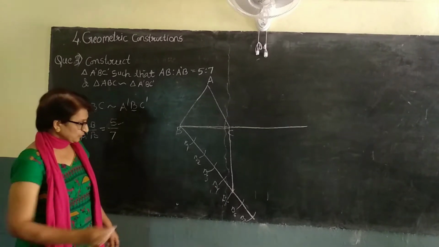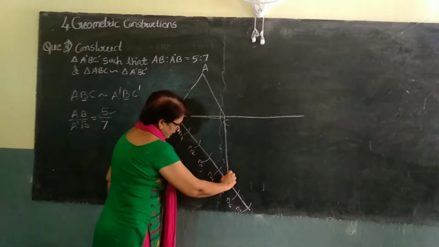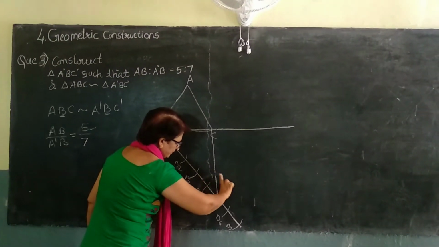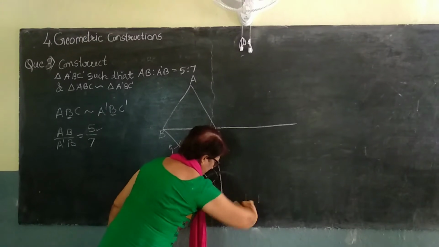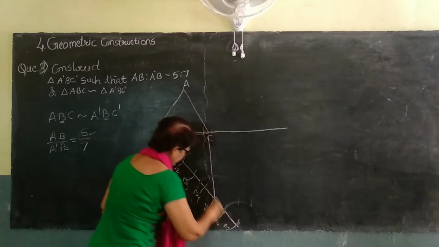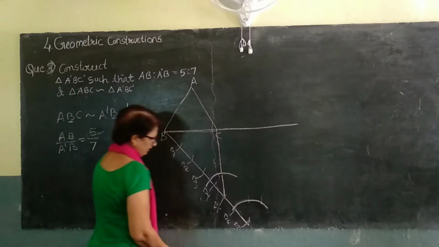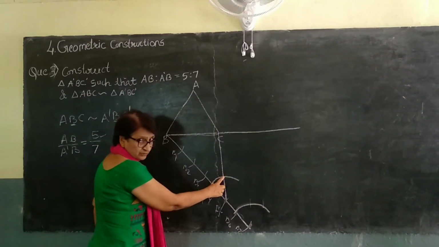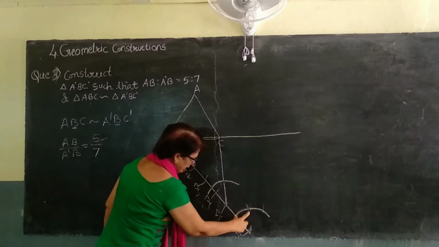Now what are we going to do? Keep a compass point on the point B5 and draw an arc. Pick it up and from B7 draw an arc, the same distance. Take this distance in your compass, place it here in the arc which you drew and cut it.